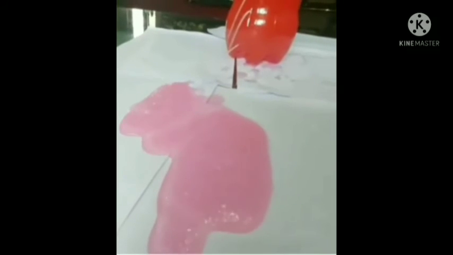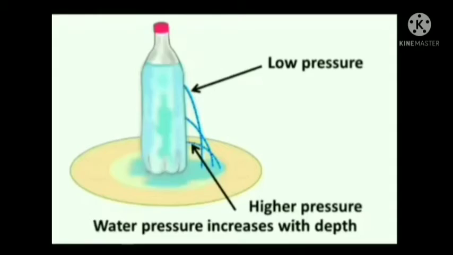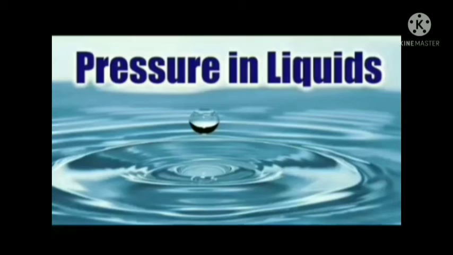We can see that jets of water come out from the holes. You can notice that the lowest jet throws water the furthest, while the one on the top throws water near the bottle. This shows that the pressure in a liquid increases with increasing depth.